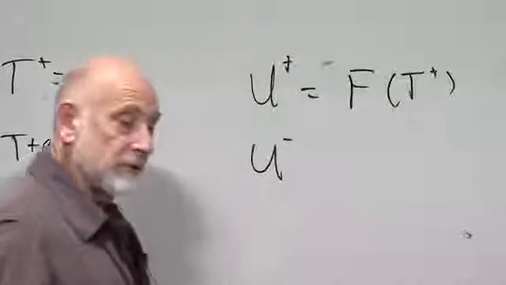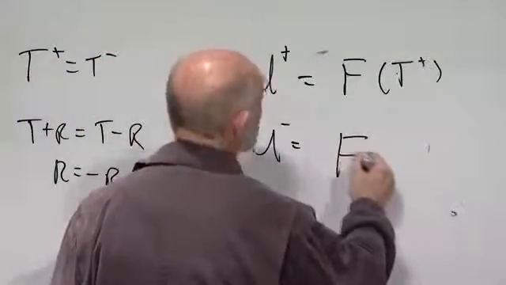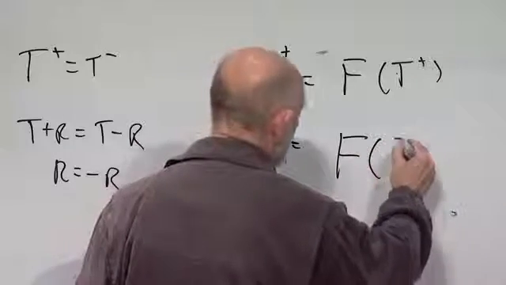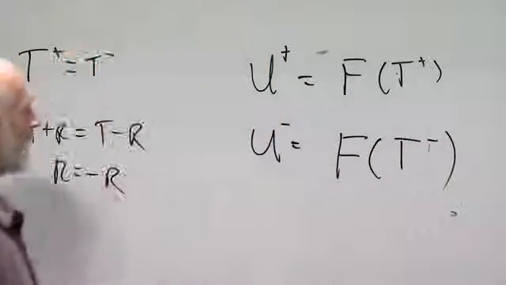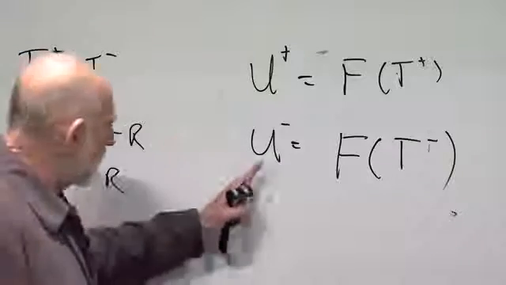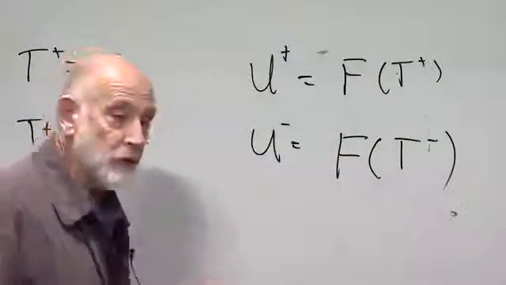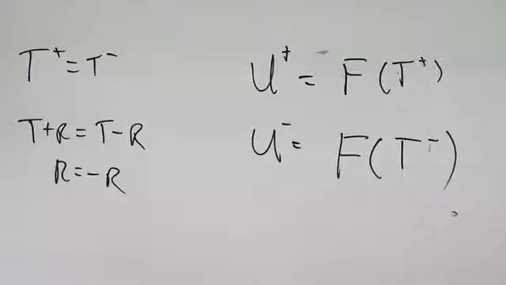It's not going to involve t minus at all. And u minus is, I think, the same function of t minus. This function is just a coordinate transformation in which t plus and t minus independently transform to some new coordinate. Good.